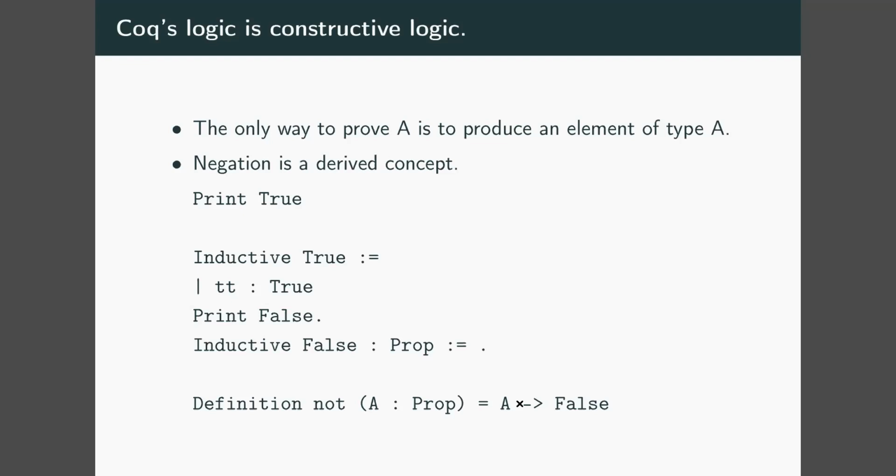Just one point here: True with capital T and False with capital F are different from true with small t and false with small f. True with capital T is a proposition. Similarly, False is also a Prop. It can have elements inside it, but of course it doesn't have any.